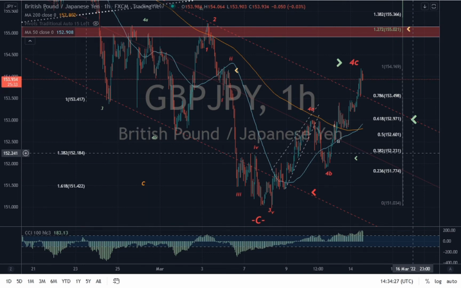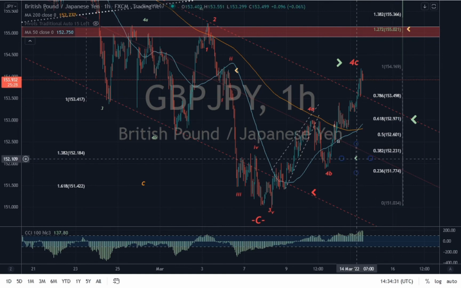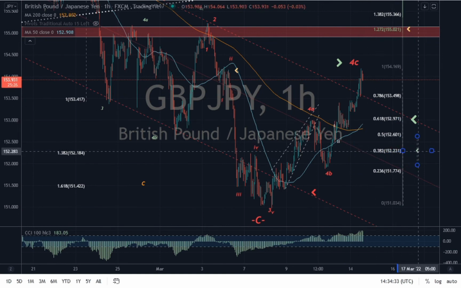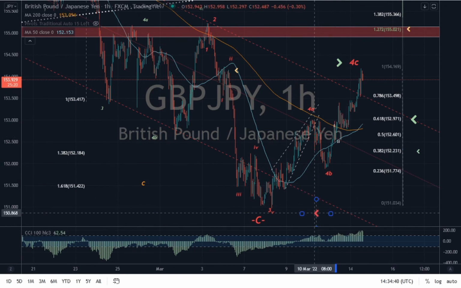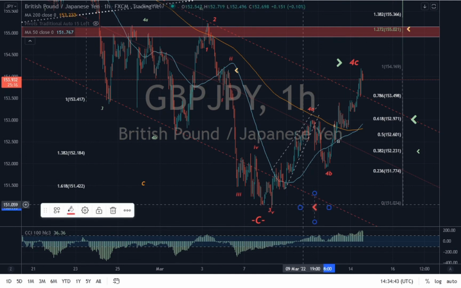So the best projection would be to divide our entries between all three levels, maybe 1/3 at each of these, would average 152.6. The stop is 151. That 151 goes all the way down here, below the market altogether. We get another congested ABC, and then the market goes up. Target is 155 and 155.3.